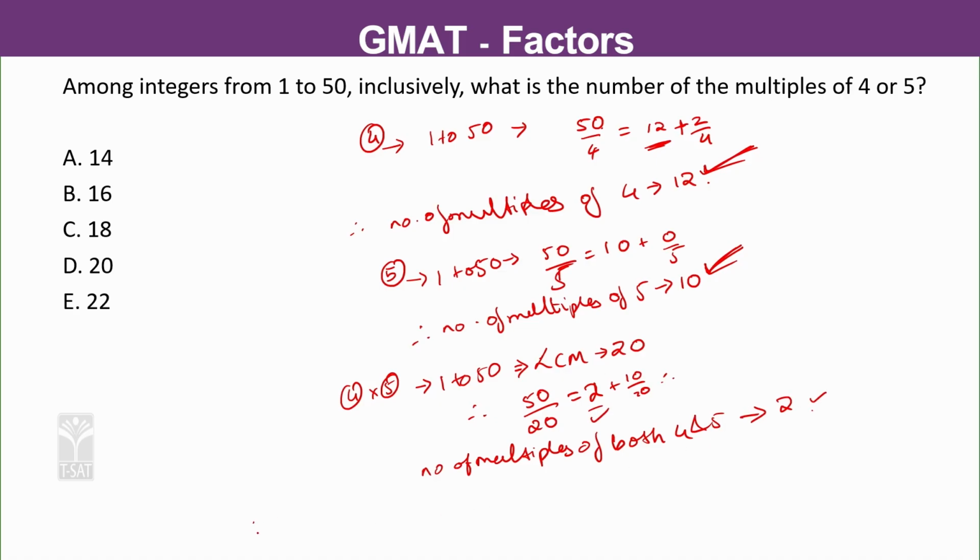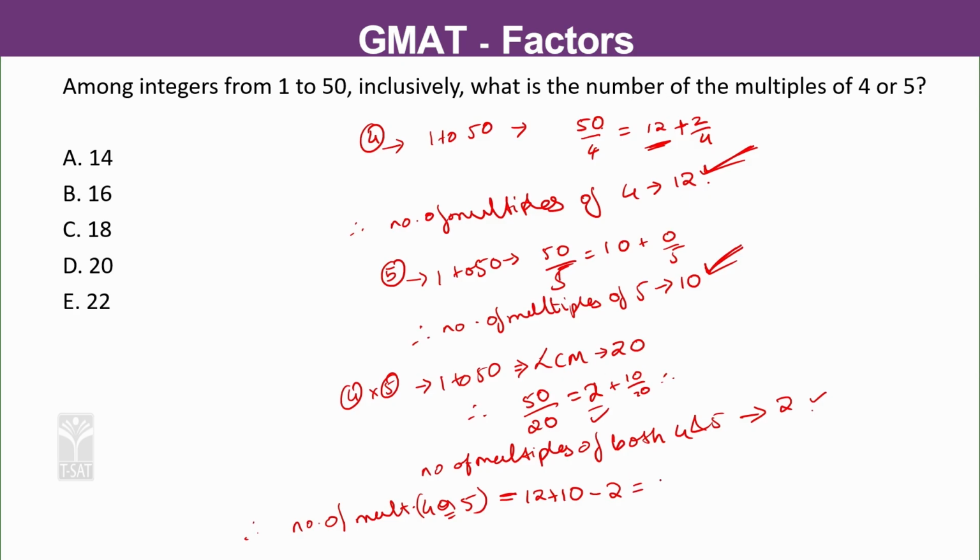Now you can say that the number of numbers that are multiples of 4 or 5 will be equal to 12 plus 10 minus 2, because the numbers which are counted twice, which are multiples of the LCM of 4 and 5, that is 20, will have to be removed once, because we need to count each number only once.